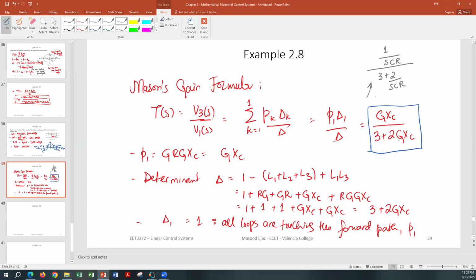Again, X_C is 1 over SC and G is 1 over R. So your further simplification is going to give you 1 over 2 plus 3 SCR. So now you have everything that is given in the circuit. R is given in the circuit, C is given in the circuit. And that will be the transfer function of the circuit.